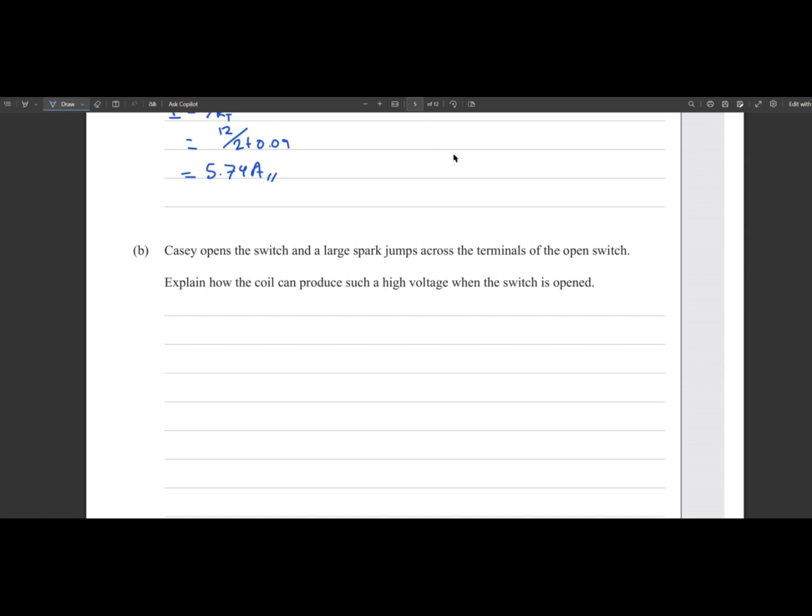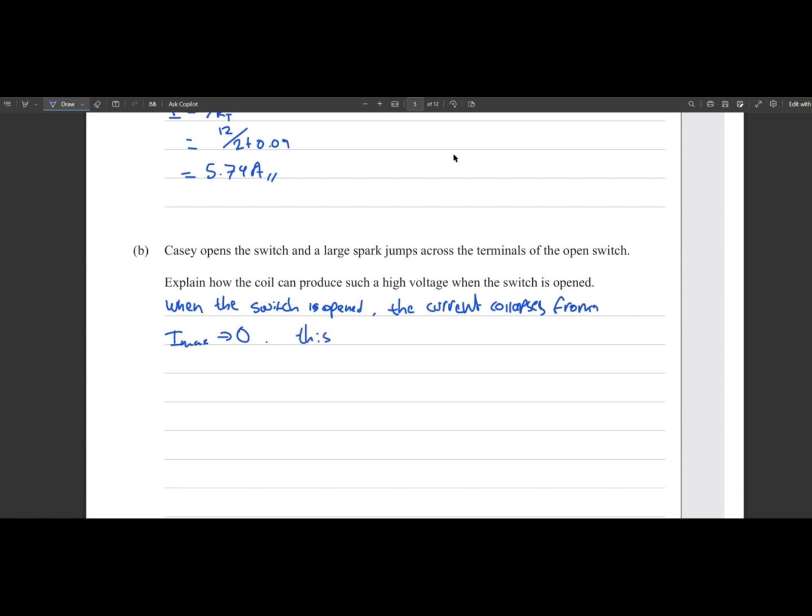Casey opens a switch and a large spark jumps across the terminals of the open switch. Okay, so basically, when the switch is opened, right, then the current collapses from I max to 0.